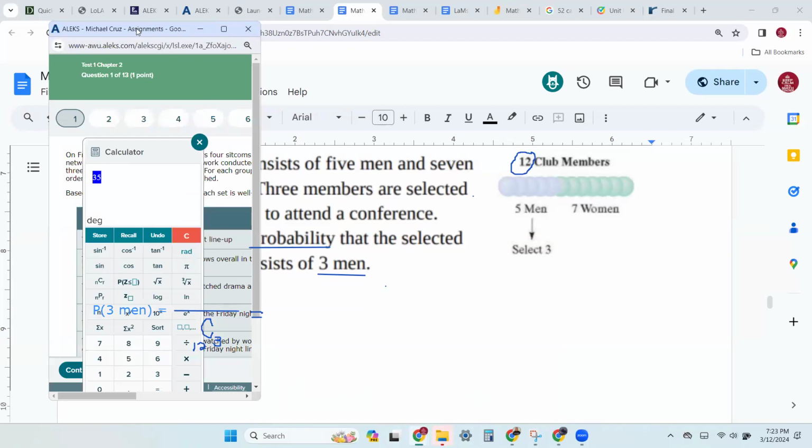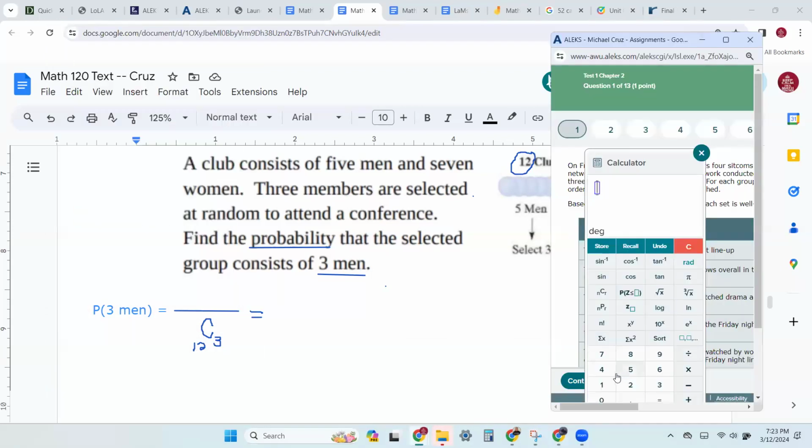So I'm going to do 12 C3, and that tells me that there are 220 different ways to pick 3 out of blindly 12 people.